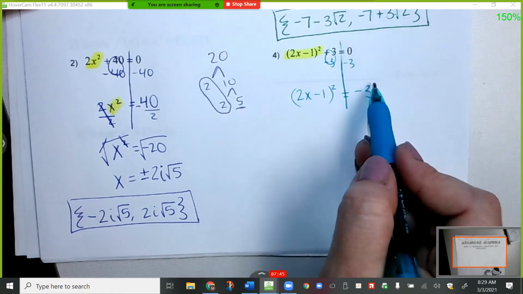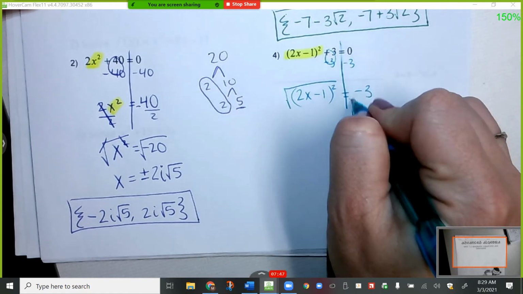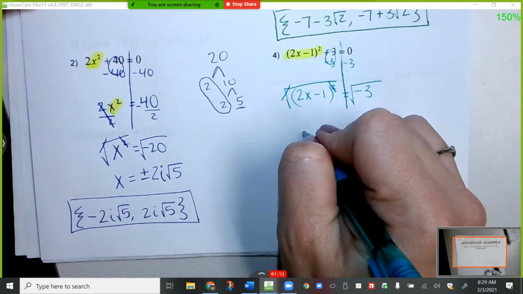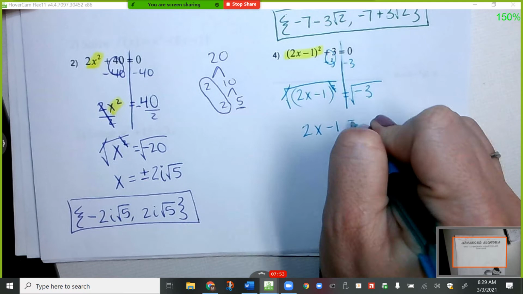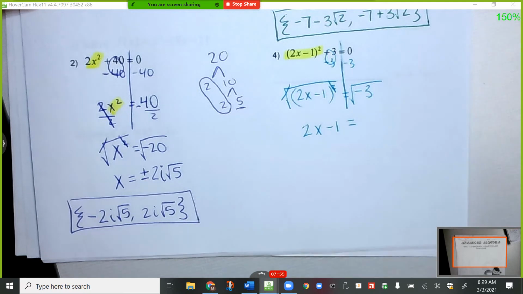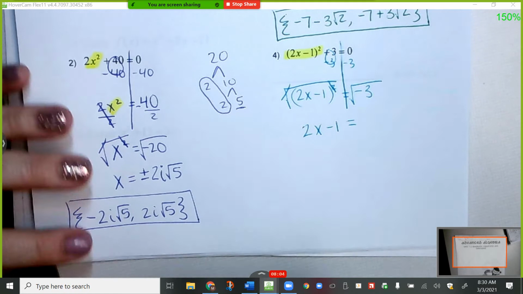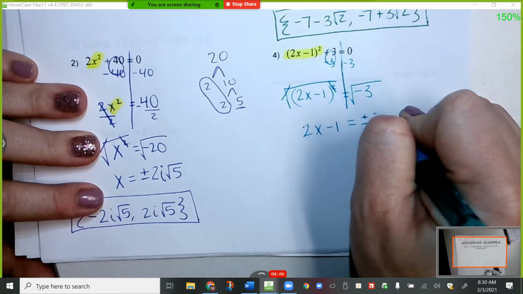There's no variables over here, so we can square root both sides. This cancels my squared, and I get 2x minus 1 equals, well, is 3 prime? Yeah, so that cannot simplify. But what do we have to take out? The negative, so I put a what in front? I. So this ends up being positive and negative i square root of 3.